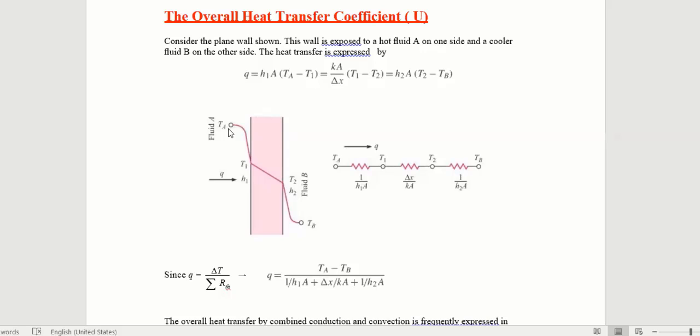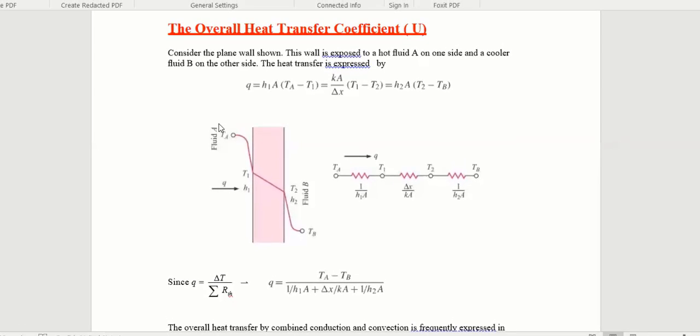Now when the heat flows from one fluid, that is fluid A, to fluid B, and there is a wall, how will the heat transfer take place? That we will be seeing. This side is nothing but fluid.